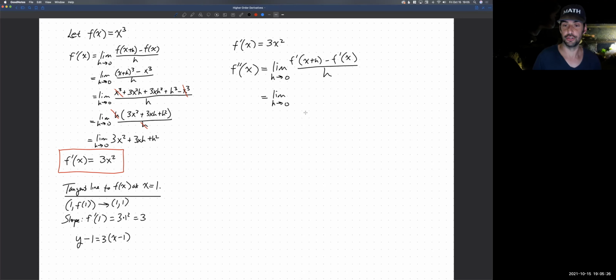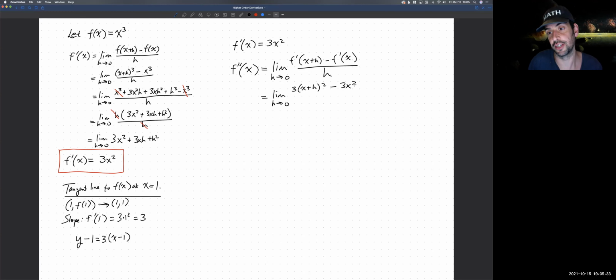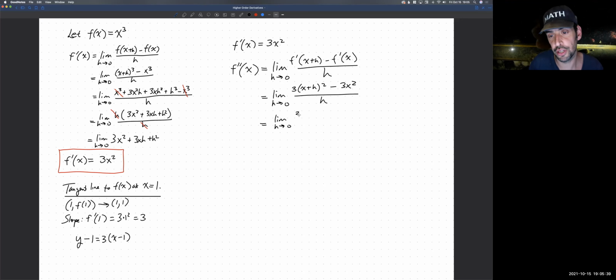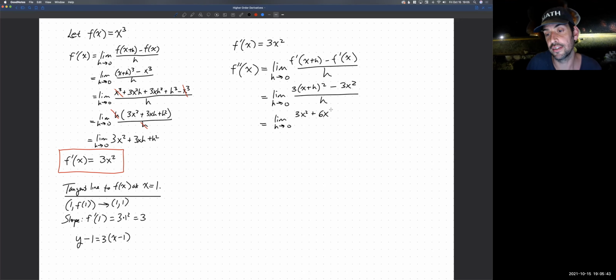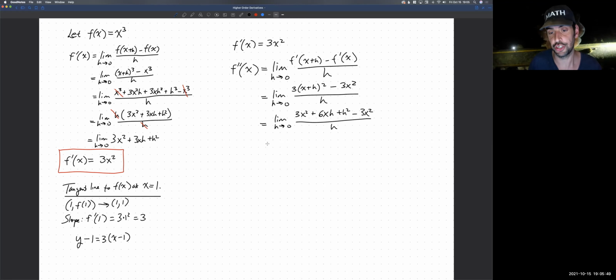The limit as h goes to 0, so we'll have 3 times x plus h squared minus 3x squared all over h. Limit as h goes to 0, so we'll have 3x squared plus 6xh plus h squared minus 3x squared all over h. We can factor out, the 3x squareds cancel.